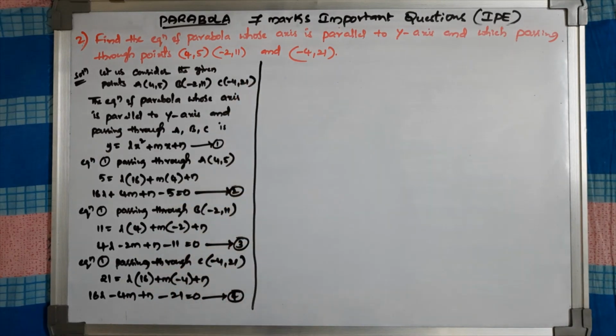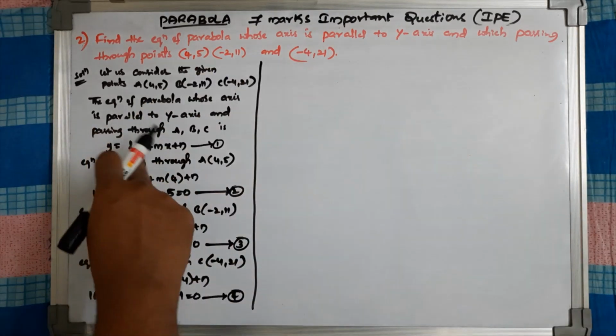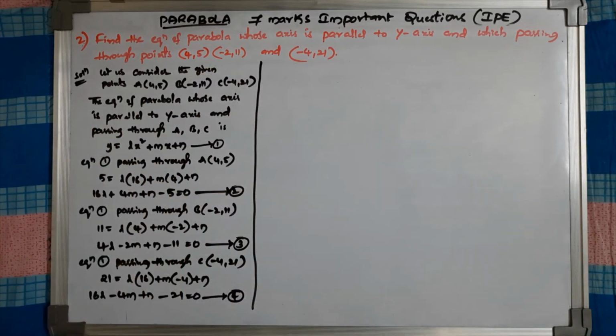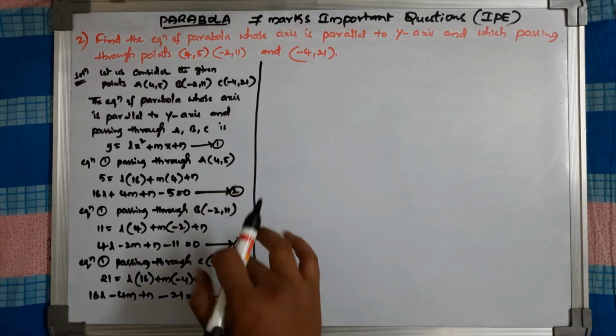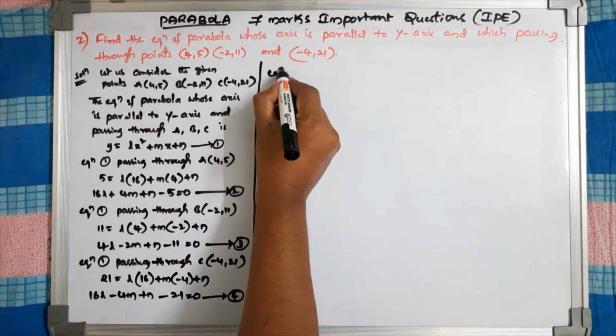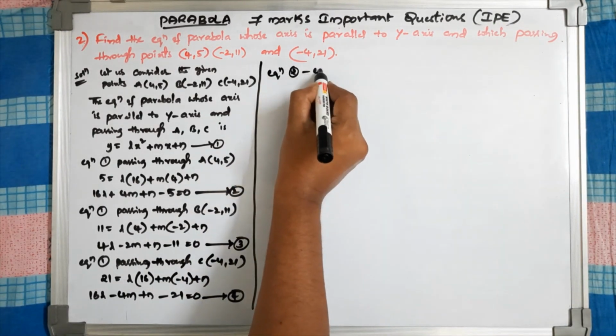Then you have to find the values of L, M, N. So you solve equations 2, 3 and 4 to get the values of L, M, N and substitute them in equation 1, right? To get them, the first step is equation 2 minus equation 3.